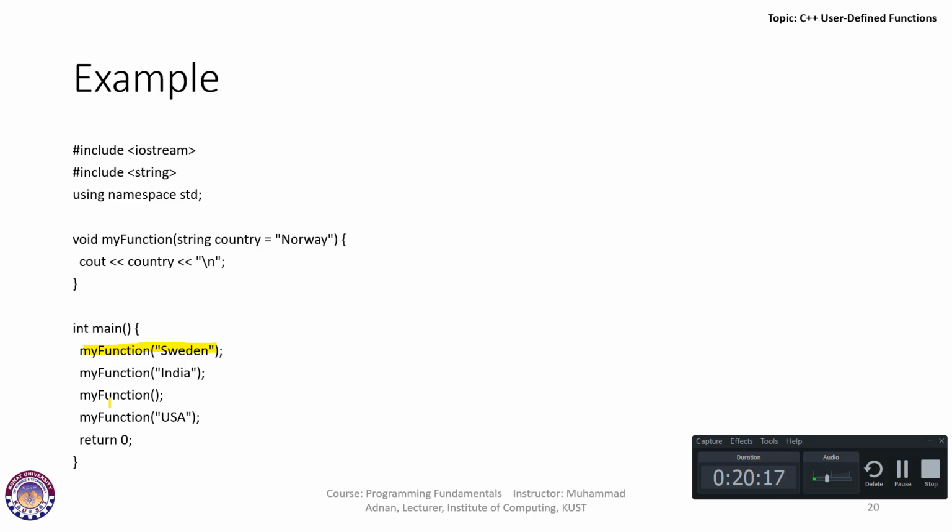And then for the third time when we call it, we are giving it no value. At that time the default value gets activated and the country is assigned the value of Norway, and then Norway is printed. And for the fourth time we are passing it the value of USA. So country now has the value of USA and USA gets printed.